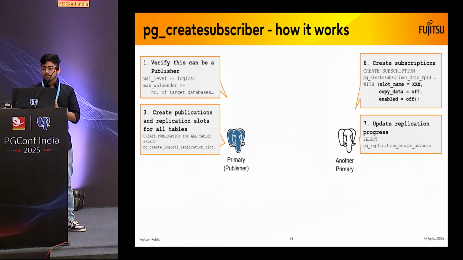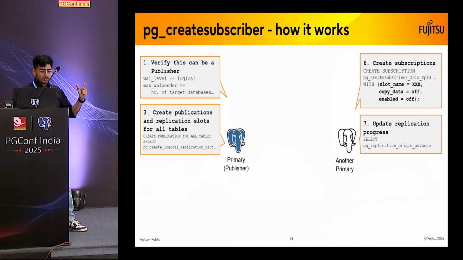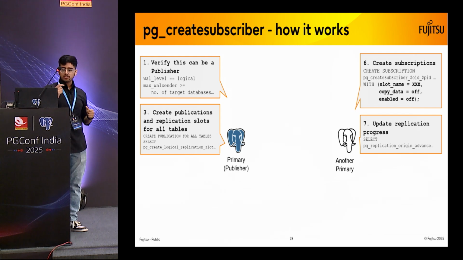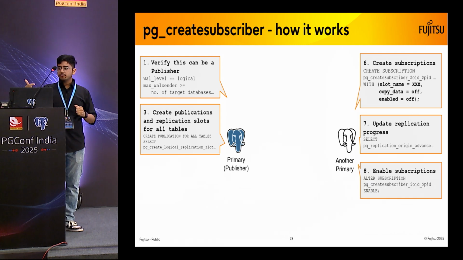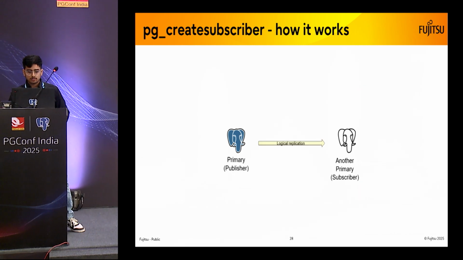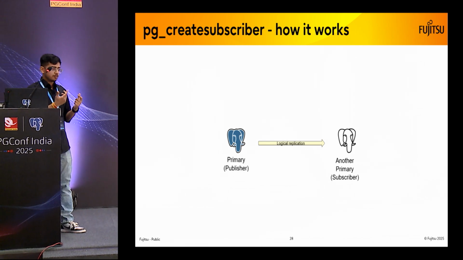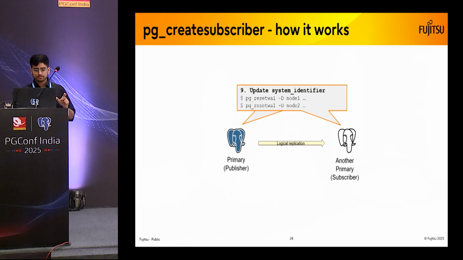In step 7, with the LSN value which we got during step 3, we advance the replication origin on the standby to that point, and after that we just enable the subscription. Once we enable the subscription, logical replication is set up between them. So that's how pg_createsubscriber works.